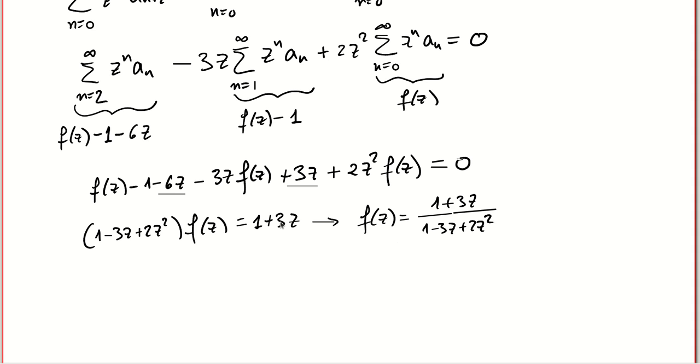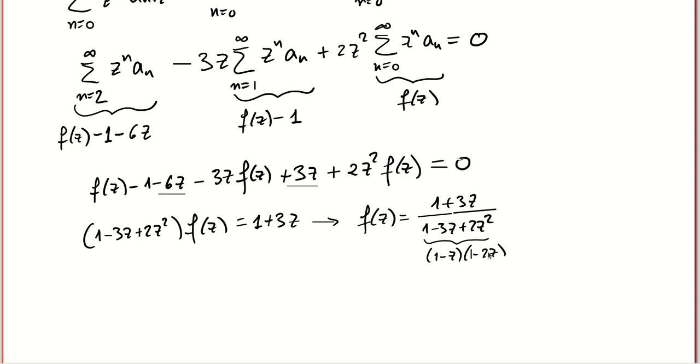Now we need to factorize the denominator in order to proceed. And factoring the denominator, of course, you can find the roots of the polynomial here, and this is one way, but it's easy to spot that this denominator is just 1 minus z times 1 minus 2z. Because you have 1 here, minus z minus 2z is minus 3z, and then you have minus z times minus 2z, which is plus 2z squared.